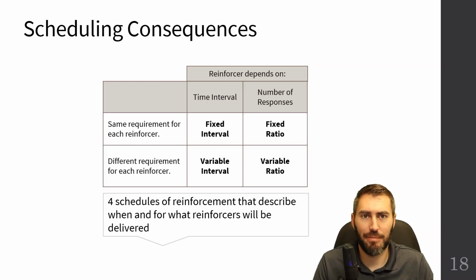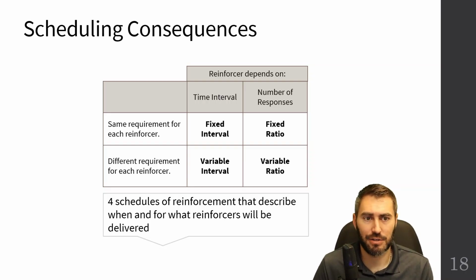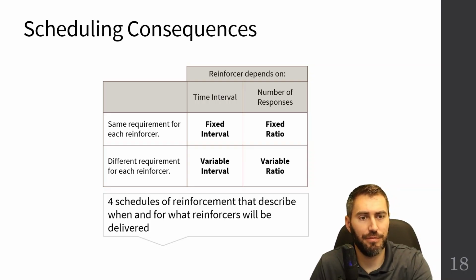And so we have this breakdown in the same way, where we create 4 different types of scheduling of consequences. When we look at these, we have 2 criteria that we can ask ourselves. First, does the reinforcer depend on either some time interval or some number of responses?